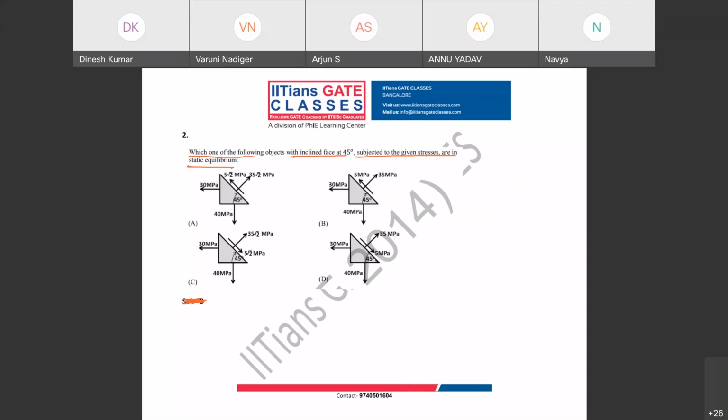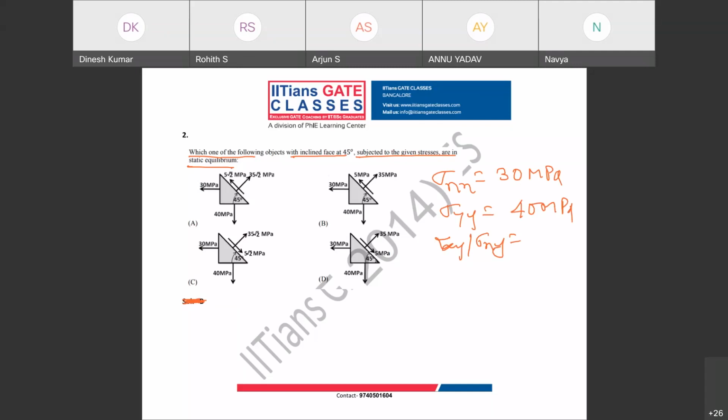So guys, to solve this question, if you see all four options, what do you find? What is your sigma x given in all four options? It is given as 30. What is sigma y? 40 megapascal. What is the tau xy or sigma xy in this case?